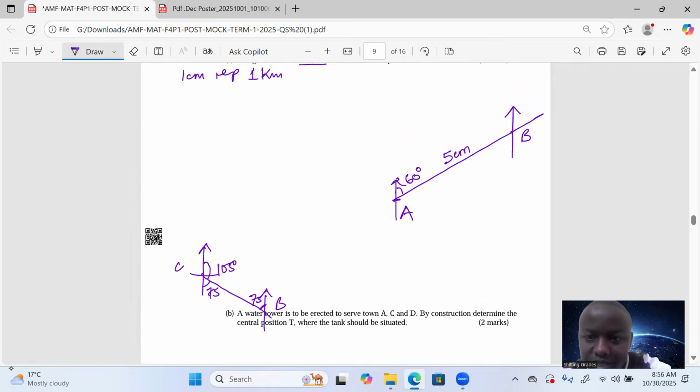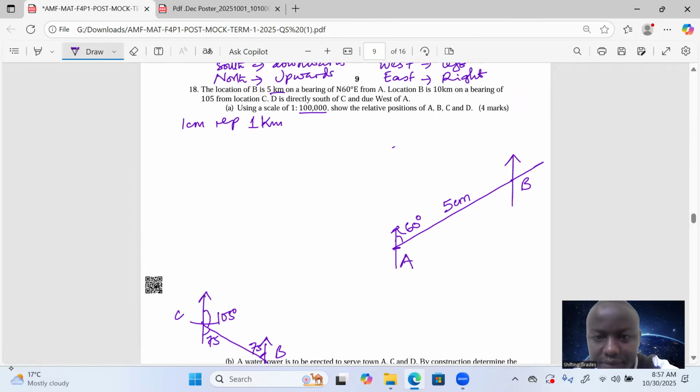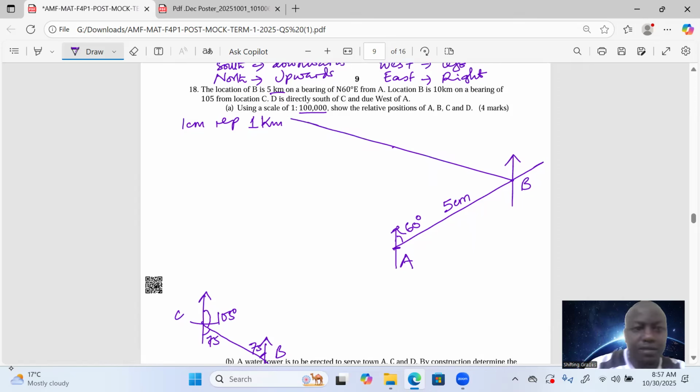So here you measure 75 and you produce the line like that.